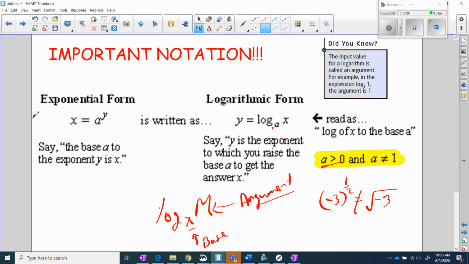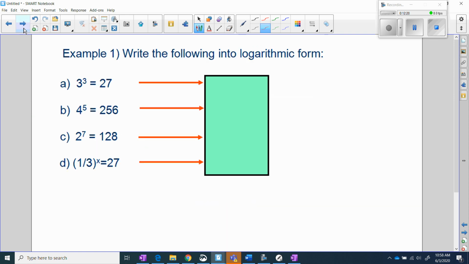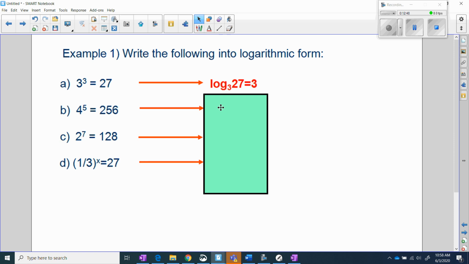All right, let's look at a couple of examples switching between the two notations. If I have 3 to the exponent 3 equals 27, and I want to change that to a logarithm, the base is 3. Remember, logarithms are equal to exponents. So the log of 27 to base 3 equals my exponent.